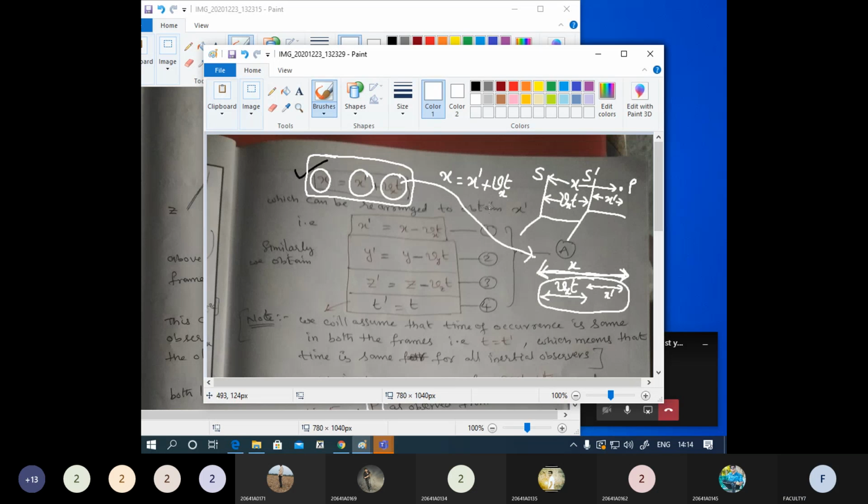What we are going to do? We are going to give the relation between them, substitute here.